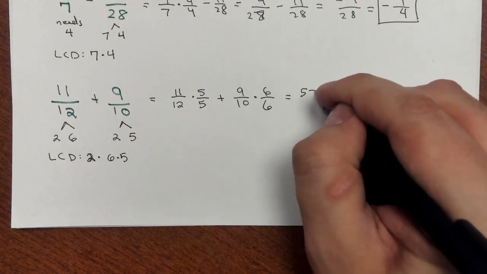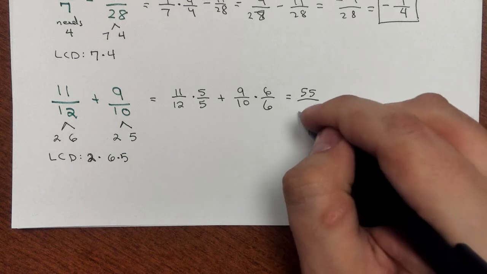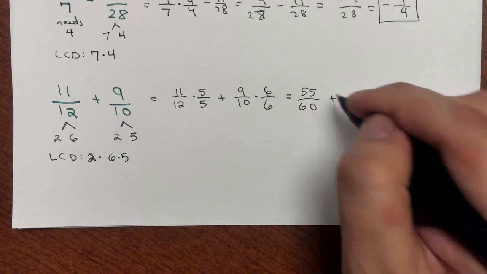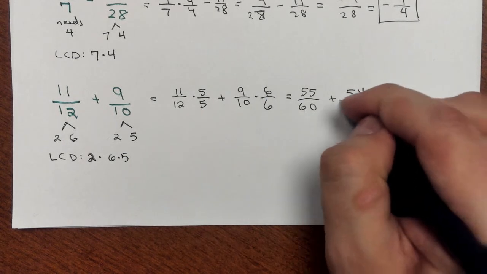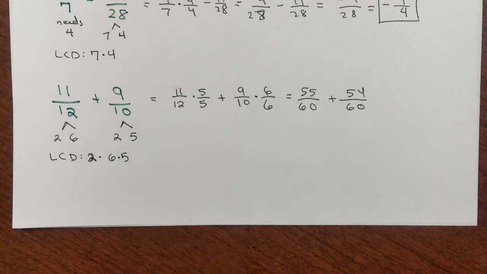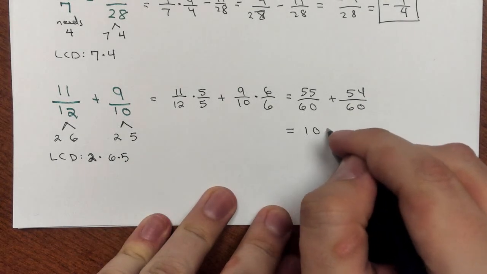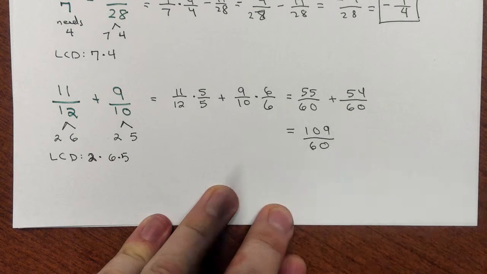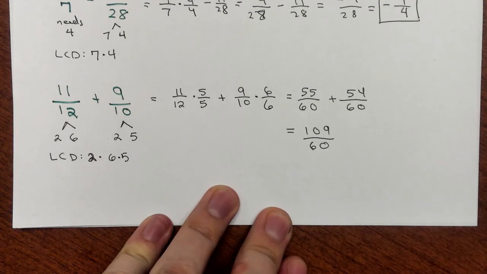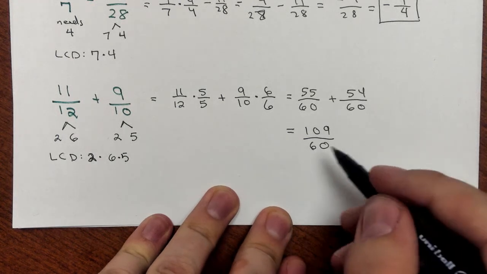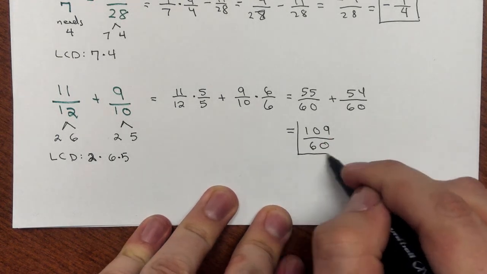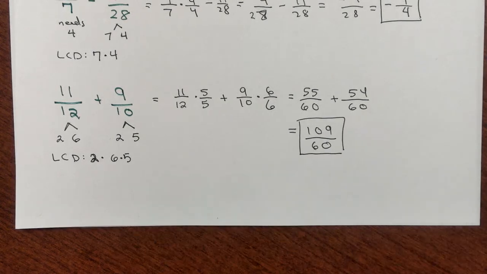I have 55/60ths plus 54/60ths. If I add those together, what do I get? I get 109/60ths. And again, you would look to simplify this, but since you know that 60 is divisible only by the primes 2, 3, and 5, you can check and none of those goes into 109. So that is my simplified answer.